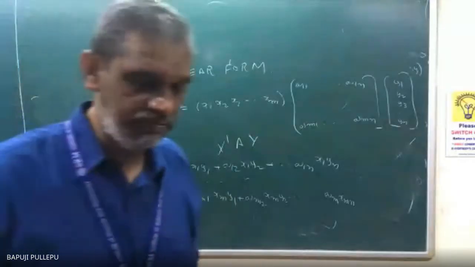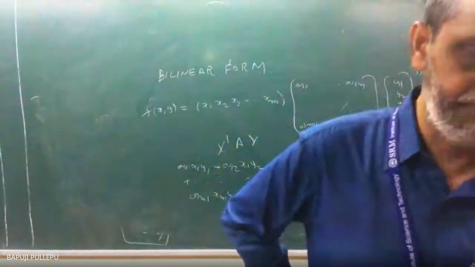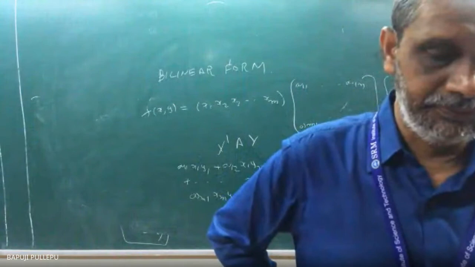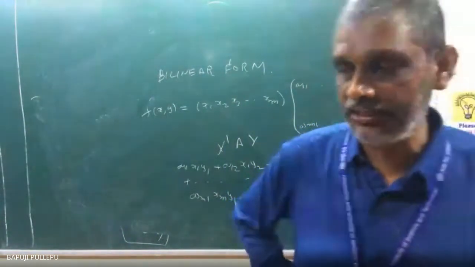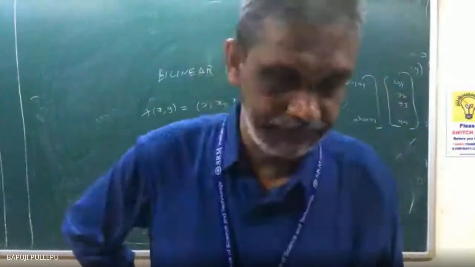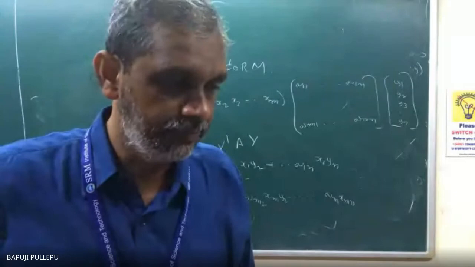Bilinear form. There are a lot of topics in this unit. Nature of the quadratic forms: positive definite, negative definite, semi-definite, lot of things. Don't worry.